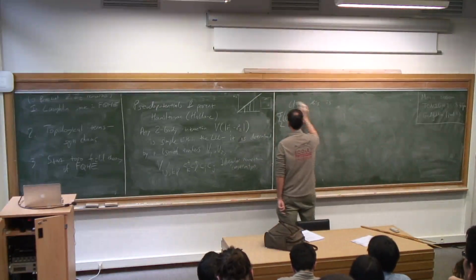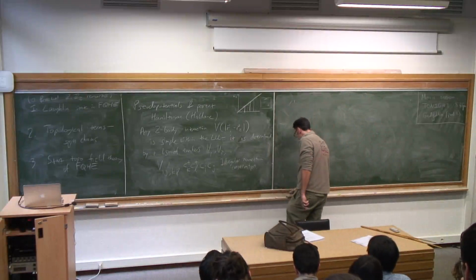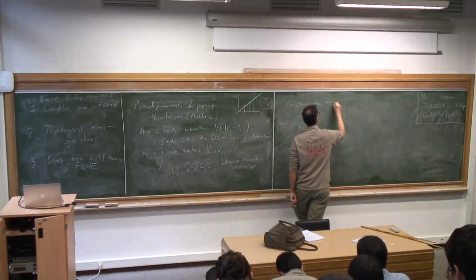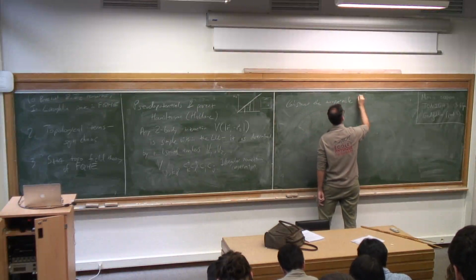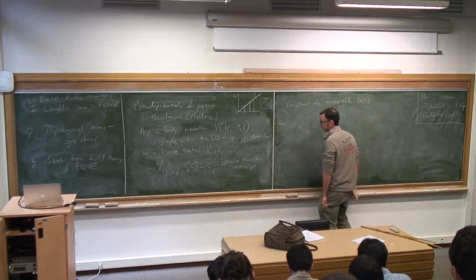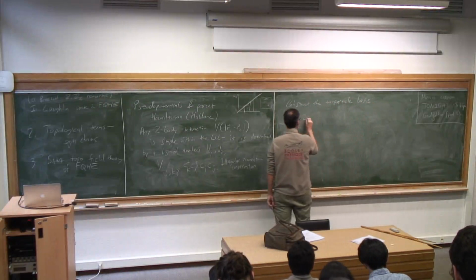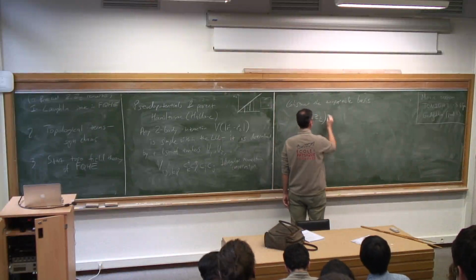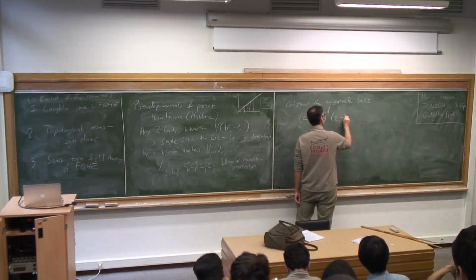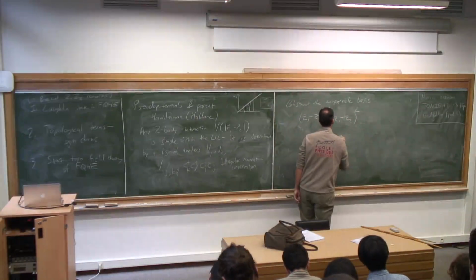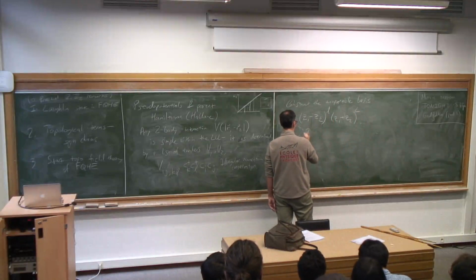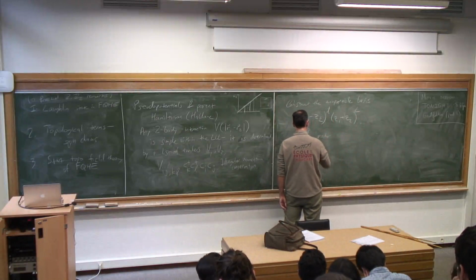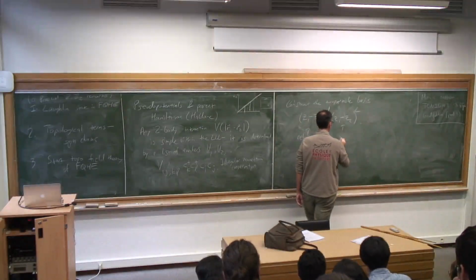So construct Z1 minus Z2 to, let's call this little l, Z1 plus Z2 to the big L. So you could think of this as relative angular momentum. And this one is center of mass angular momentum.